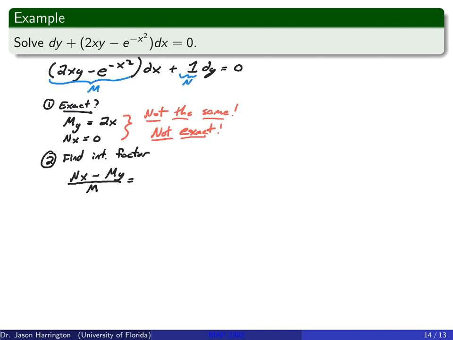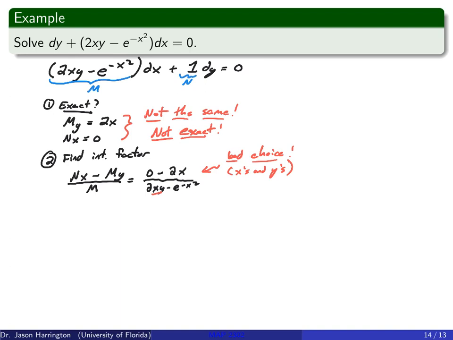That's going to give us N sub x is 0 minus M sub y, which is 2x, and then if I divide the whole thing through by M, I get 2x over 2xy minus e to the negative x squared. And we see that that's actually a bad choice, because it has x's and y's in it. We should be able to simplify these things to get just one variable.